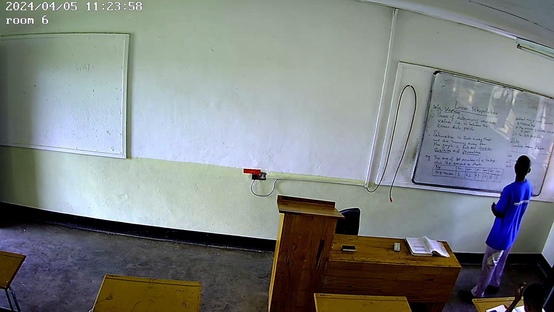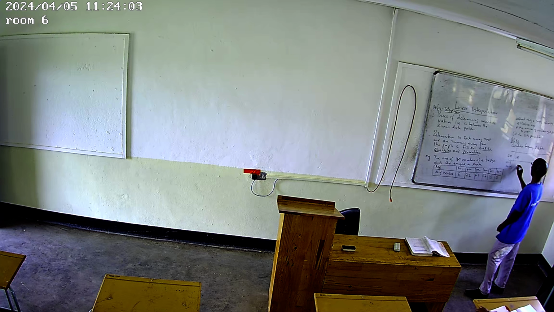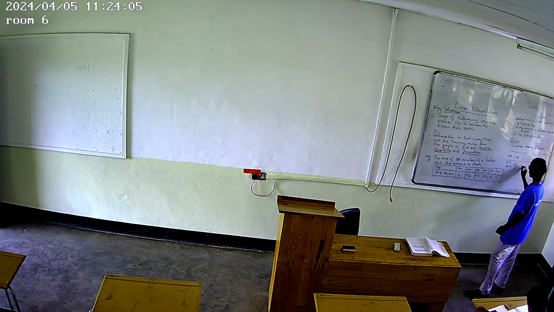So the number less than 40 is 5. Less than 50 it is 42. Less than 60 it is 61.